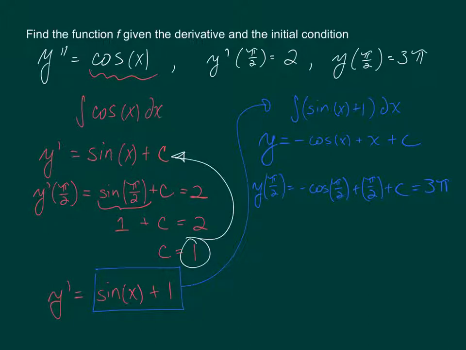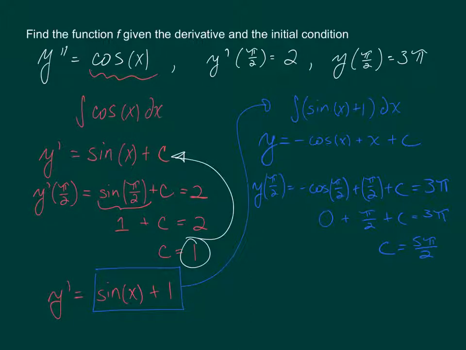And when you go through and simplify this equation over here, you'll see that the negative cosine of pi over 2 is 0, plus pi over 2 is just pi over 2, plus c equals 3 pi. And when you solve this for c, by subtracting pi over 2 from both sides, c is 5 pi over 2.